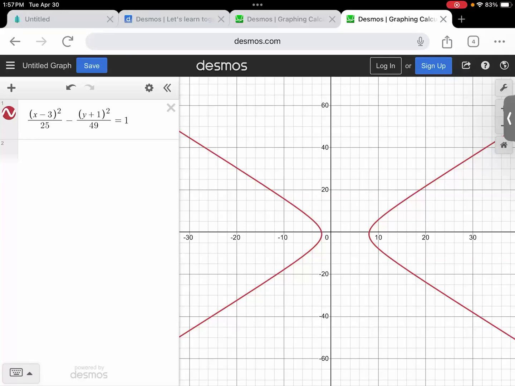Oh, my scale's all messed up. I was like, wait a second, it's not even close to (3, -1), because this is 10. Okay, (3, -1) is right here-ish, because that's on 10s already. So somewhere down right here, whatever the scale is, looks like my 2s, which is exactly where it should be.